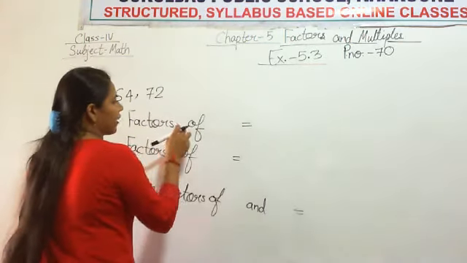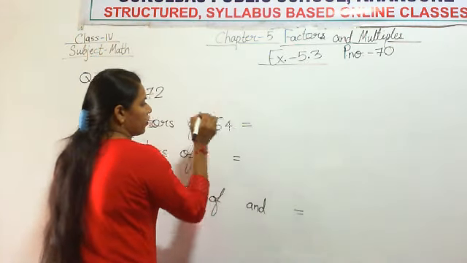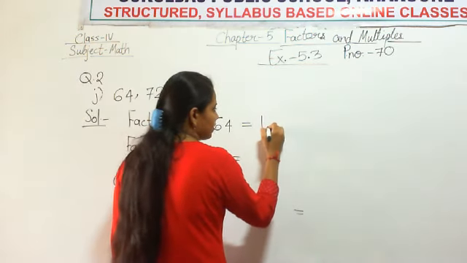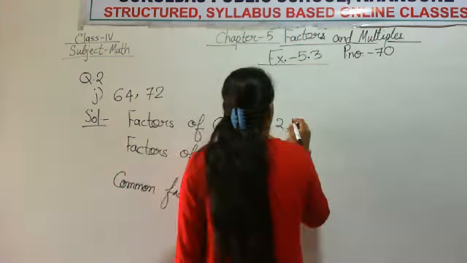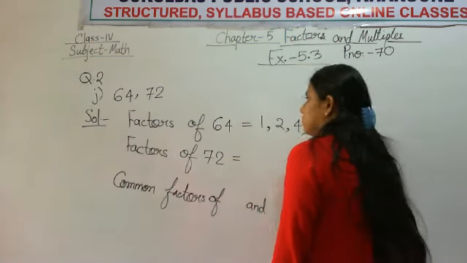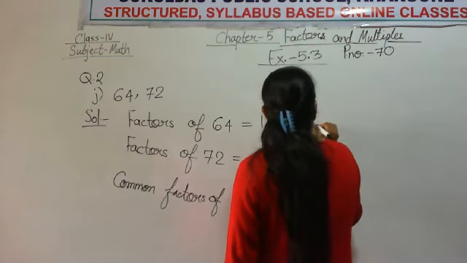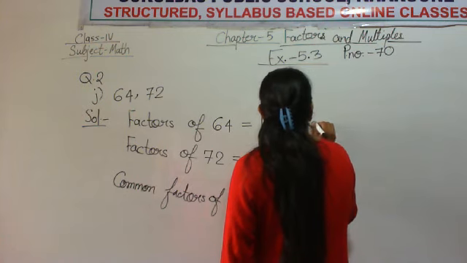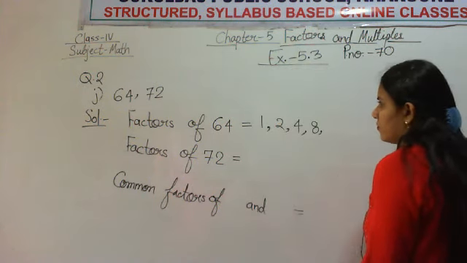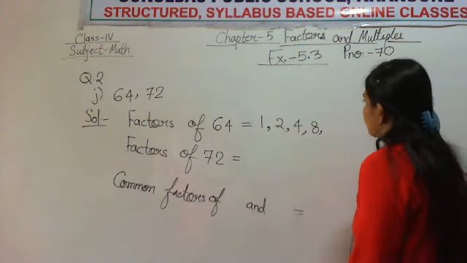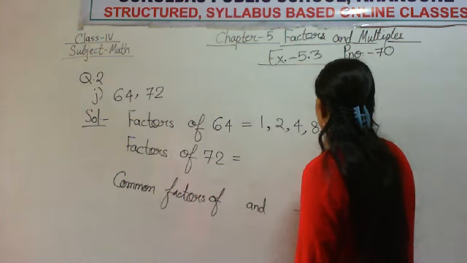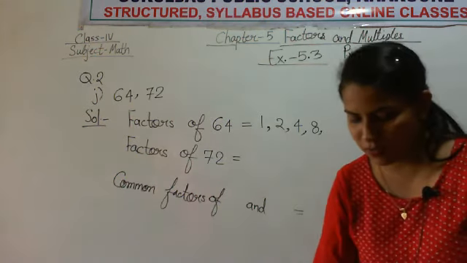So first of all, write factors for number 64 and factors of number 72. So 64 is divisible by 1, by 2, by 4, by 8. One, 2, 4, 8. And what are the factors for 64?